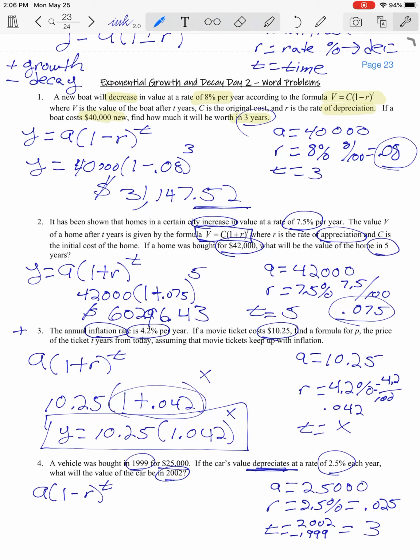That's your T. So then I plug it in. 25,000 times 1 minus 0.025, and that's to the 3. Straight away to your calculator. Okay, now we're looking for money, so you're going to round to the nearest hundredth, 2 places after the decimal. When you plug it into your calculator, this is what I got.